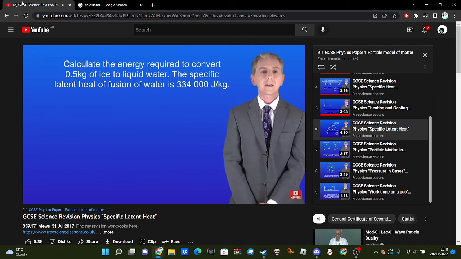And the specific latent heat of fusion of water is 334,000 joules per kilogram. Pause the video now and try this yourself.